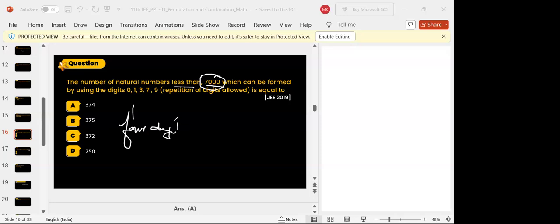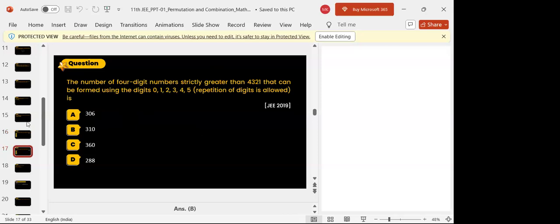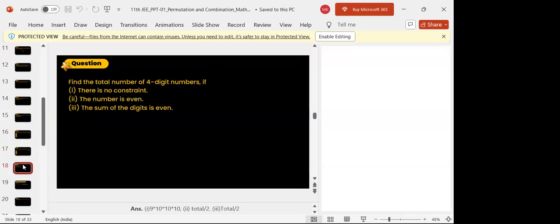If it is a 4-digit number, then only we can have this. This question was wrong in JEE, that's why I just kept quiet. So I answered with 3-digit, 2-digit, and 1-digit numbers together. Yeah, correct.